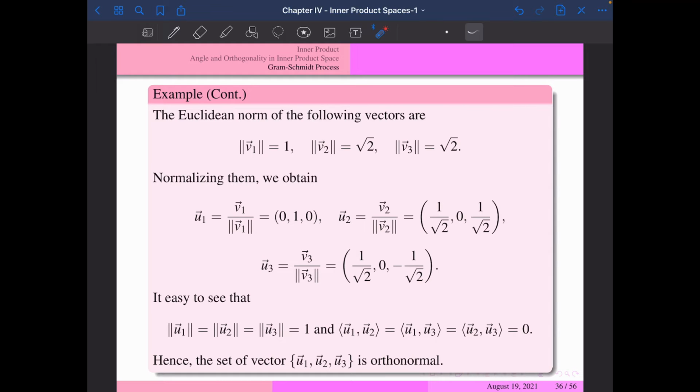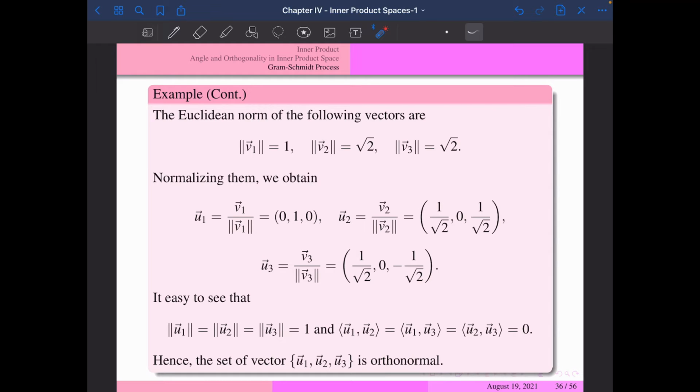Now we are talking about the basis. If we have a set and we claim that the set is a basis for some vector space, one thing you must do is check that S is linearly independent.